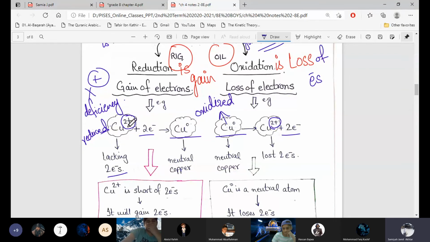Copper 2 plus in the other equation is reduced because it has gained 2 electrons. Are you getting it?